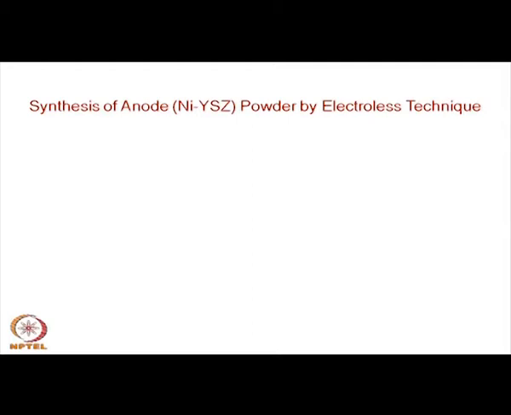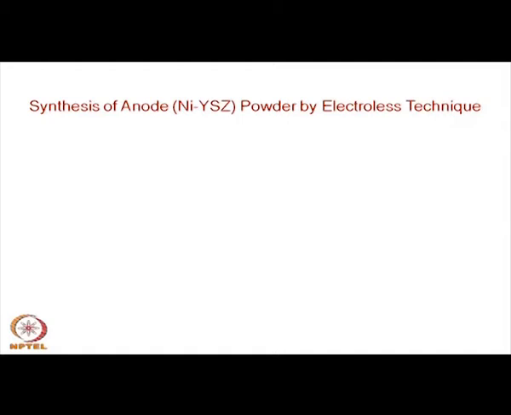So, two of the oxides of concern can be put together or mixed together and put at high temperature. So, there will be a high temperature chemical reaction and the mixed oxide will be formed or a solid solution will form just like YSZ.